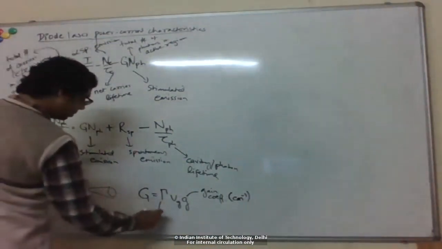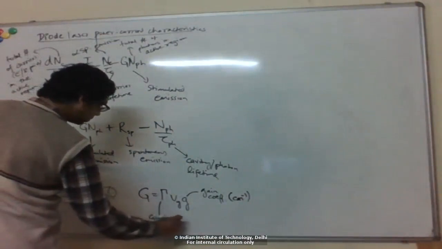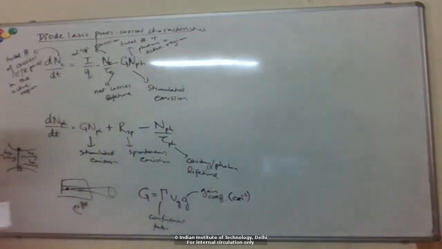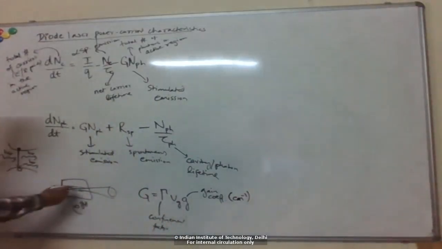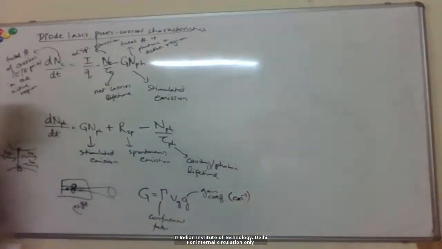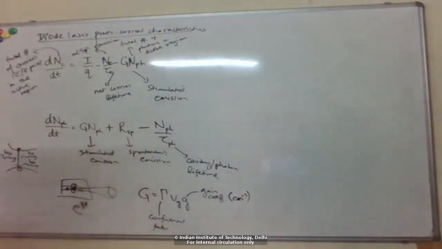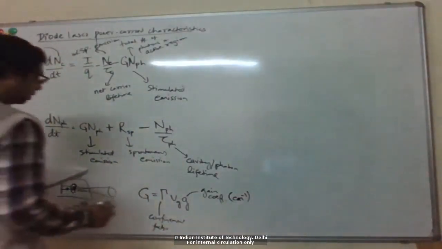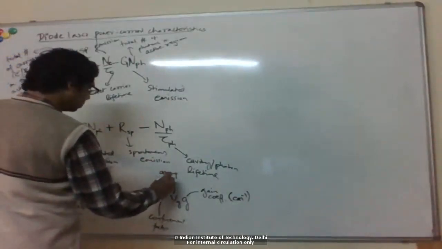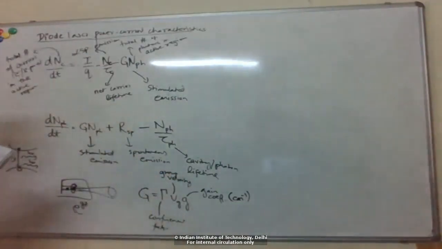This capital gamma is the confinement factor of the mode. So what fraction of the power is in the active region? There is some mode profile here, and only a fraction of it is in the active region. Typically we said that this was about 40% or so. And this Vg is the group velocity of the photons in the laser cavity.